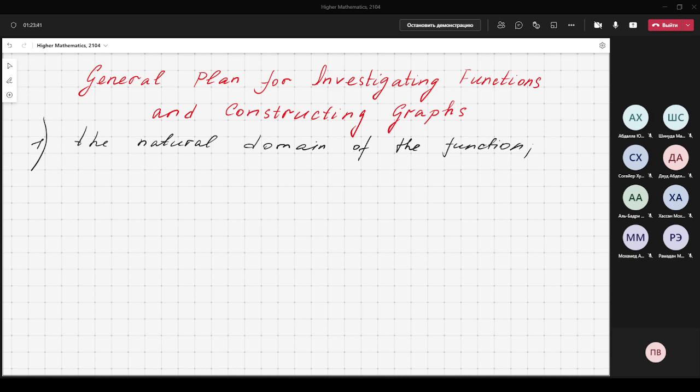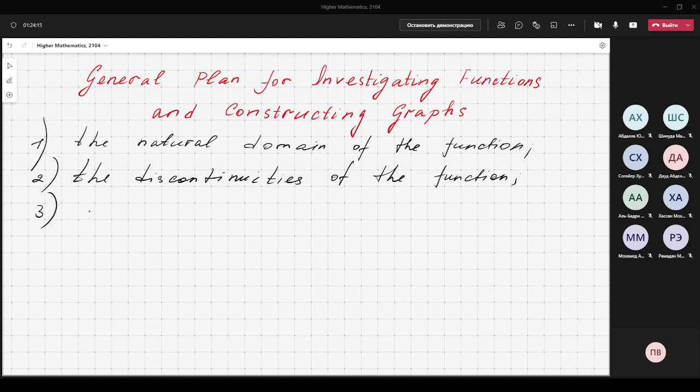The second, the discontinuities of the function. The third, the intervals of increase and decrease of the function.